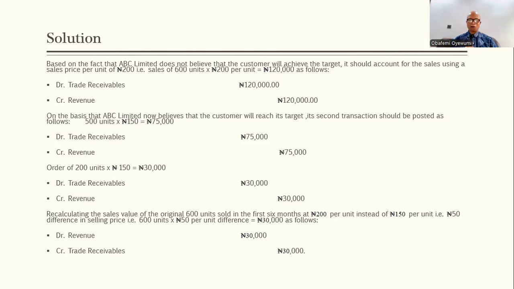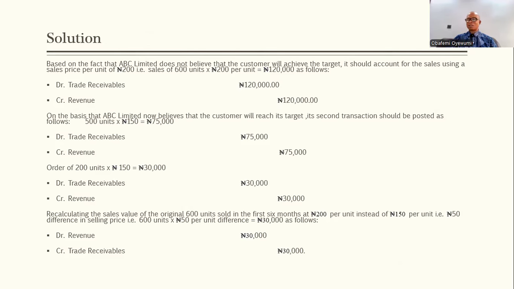There's a difference between the original price of 200 and 150 after the discount. So the 50 naira difference will now be used to multiply the 600 units that were initially entered into the records of the company. There will now be an adjustment: 50 multiplied by 600 gives you 30,000.